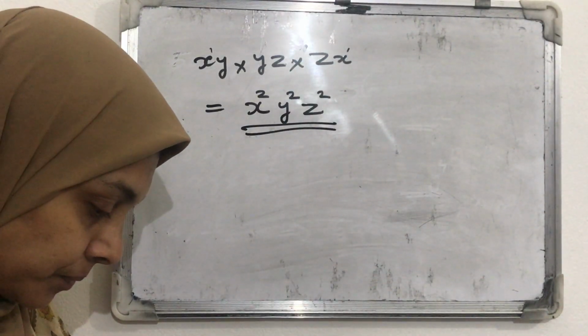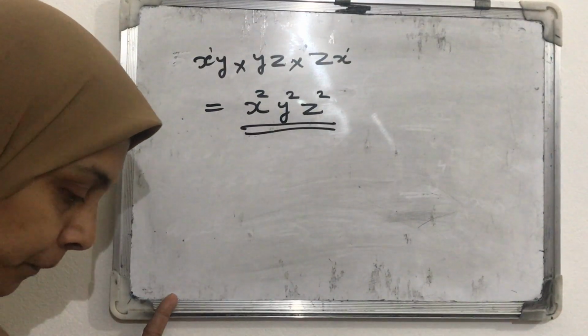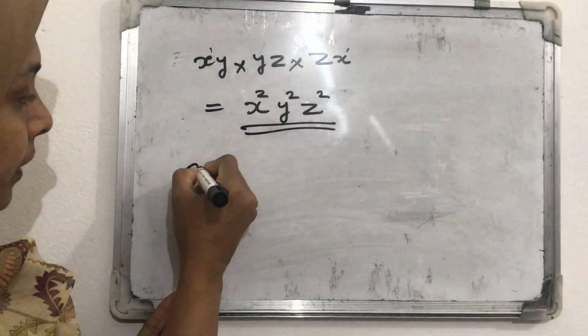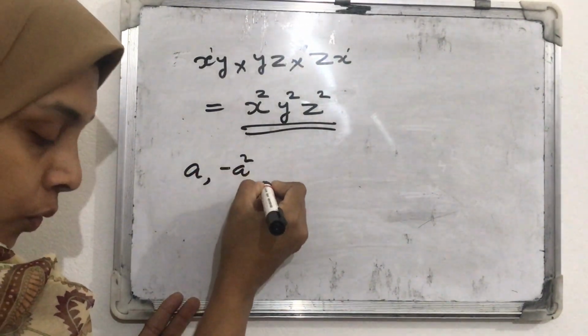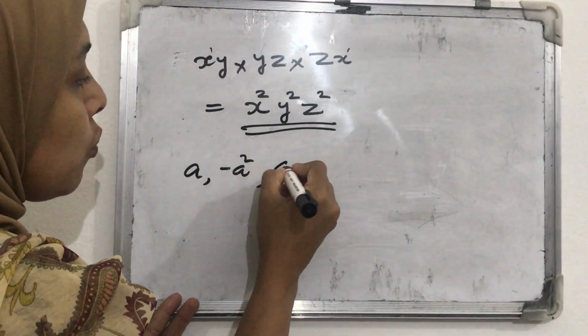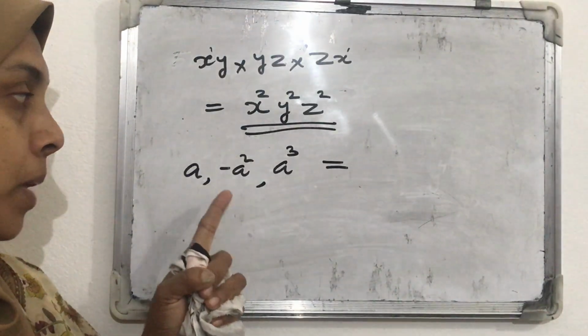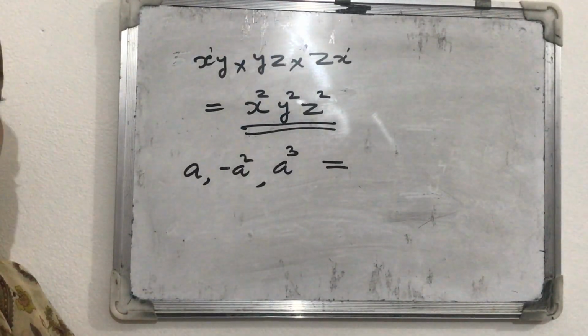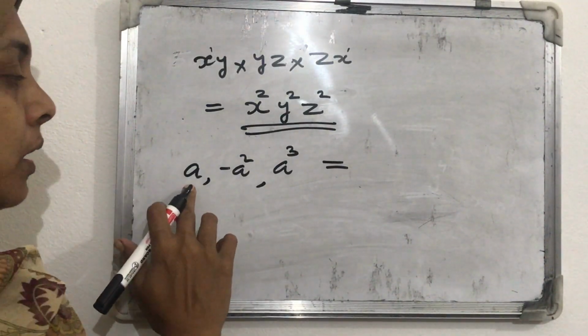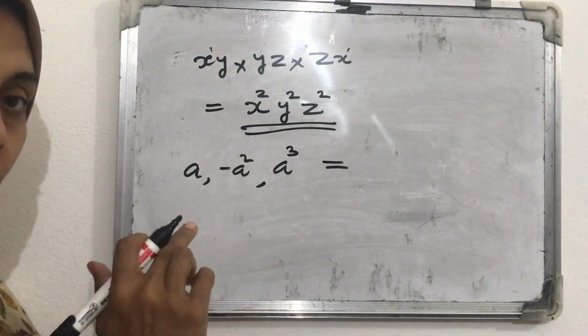Another question: a, then minus a square, then a cube. So what will this be? a into minus a square into a cube. We have to find out the product. So here also the coefficient is 1.